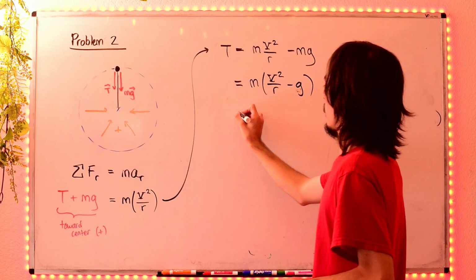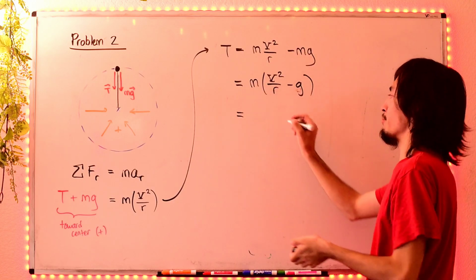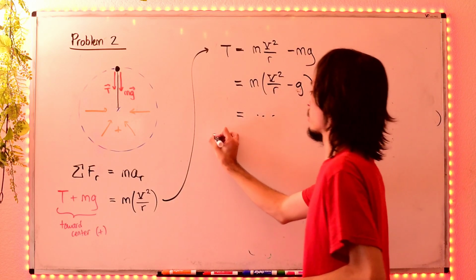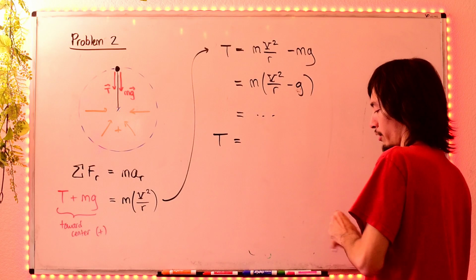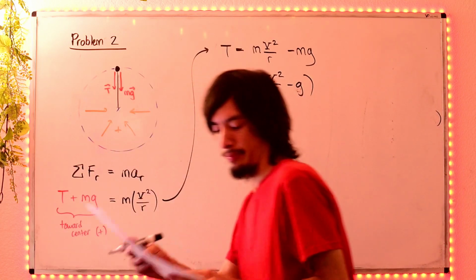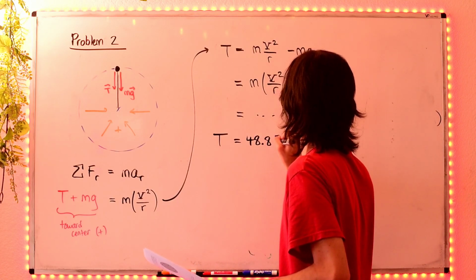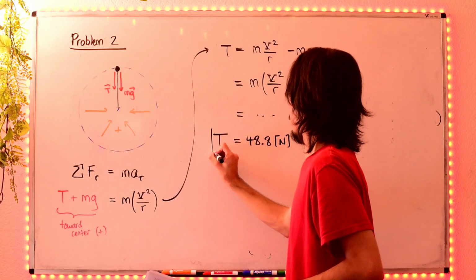For all this, pretty standard procedure, just plug in the numbers. If you plug in all your numbers that are given in the problem, you will get 48.8 newtons.